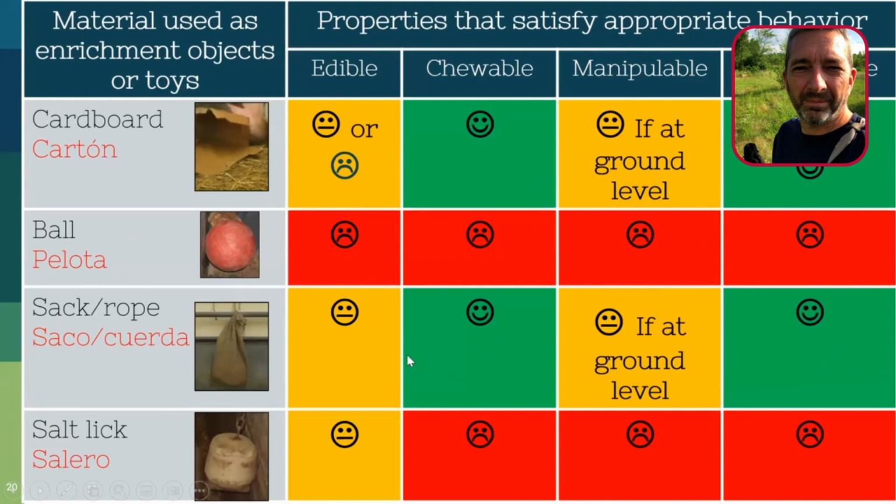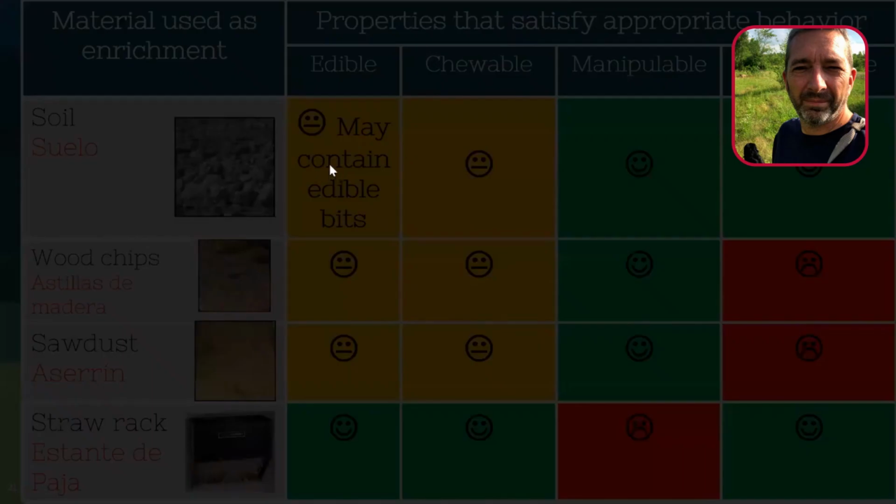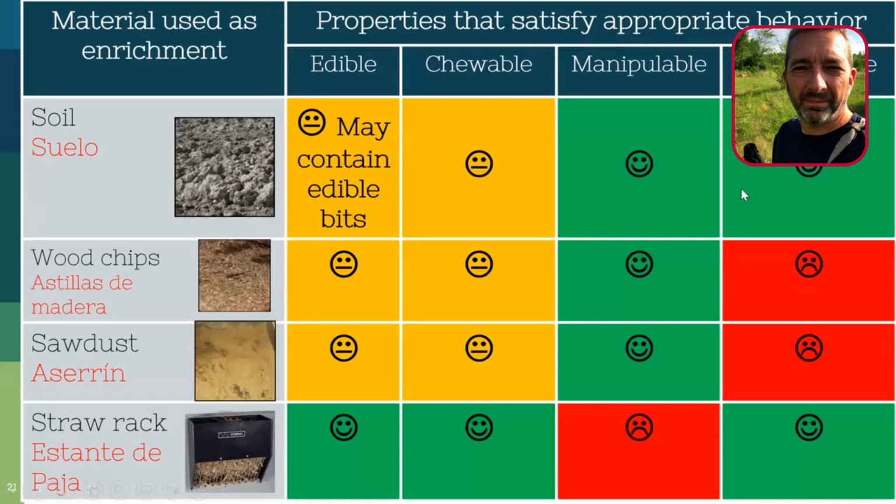Sack and rope begins to get some green as well, like the cardboard. Salt lick really doesn't do very much. Soil is good, certainly rootable, which pigs like. Wood chips, again, some green. Sawdust, some green. Straw racks, and now we're beginning to get up to the kind of fibrous materials that can quite often meet all of these properties.